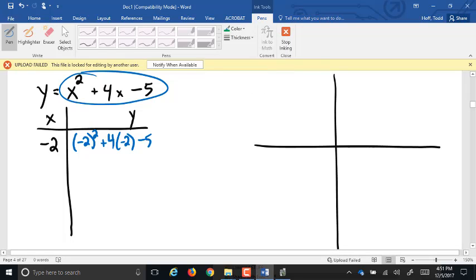Well, -2 squared, -2 times -2 is a positive 4, plus 4 times -2 is -8, then minus 5. 4 plus -8 is -4, minus 5 is -9. So that gives us the point -2, -9.